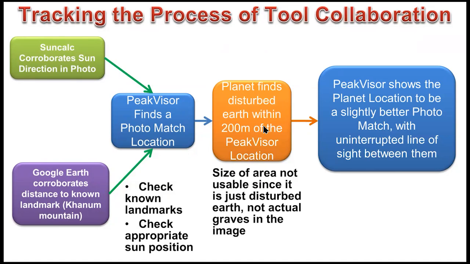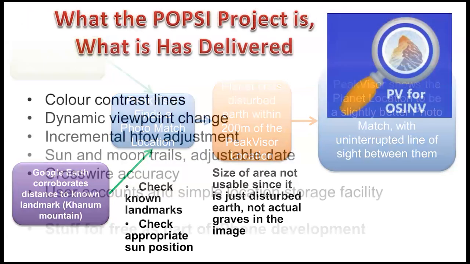Plugged it back in, and then we tested that in PeakVisor to see if it made sense in terms of the viewpoint. So we've moved from one tool to something that's part of a toolbox and uses a strategy. And that probably is the way forward for more complex geolocations.